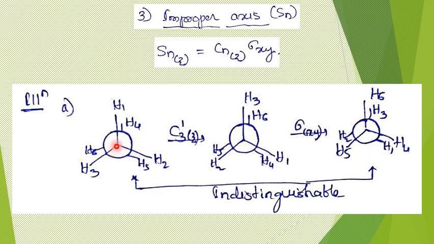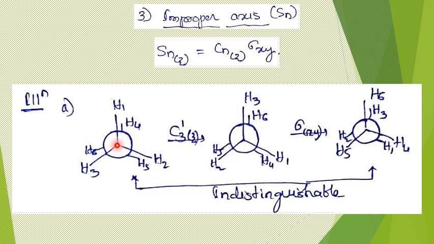This is the front carbon atom, and the rear carbon atom is represented as this big circle, and the front carbon atom is a dot. Now by definition, here the axis of rotation, the improper axis of rotation, is the C-C bond itself, which we are not seeing because we are seeing the molecule along the C-C bond.